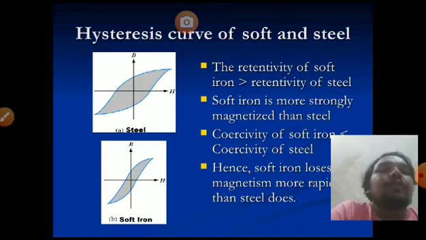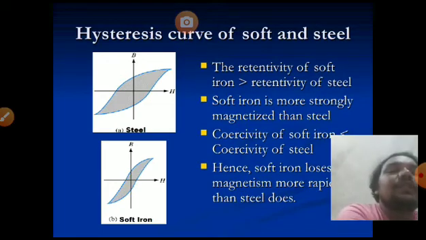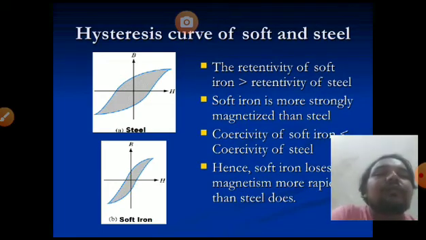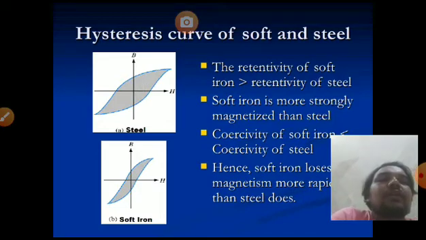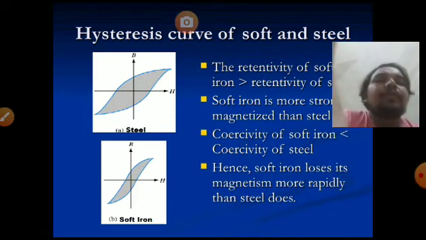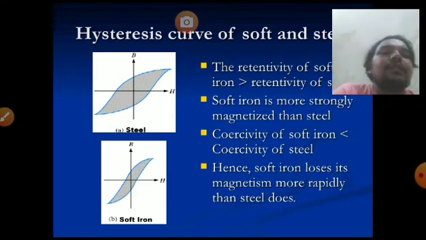Hysteresis curves of soft iron and steel. The retentivity of soft iron is greater than the retentivity of steel. Soft iron is more strongly magnetized than steel. The coercivity of soft iron is lower than the coercivity of steel.